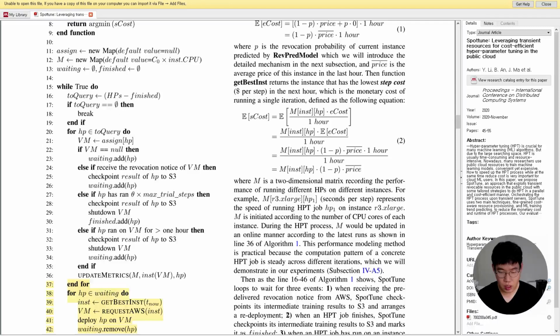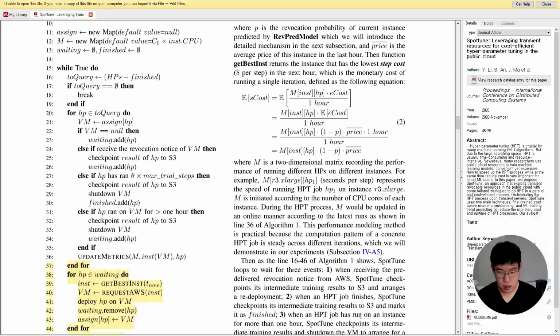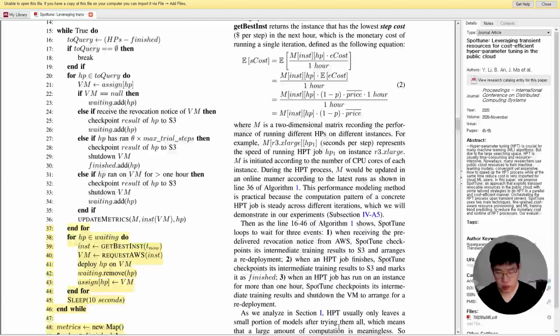Second, when an HPT job finishes, SpotTune checkpoints its intermediate training result to S3 and marks it finished. Third, when an HPT job has run on an instance for more than 1 hour, SpotTune checkpoints its intermediate training result and shuts down the VM, arranging a redeployment.